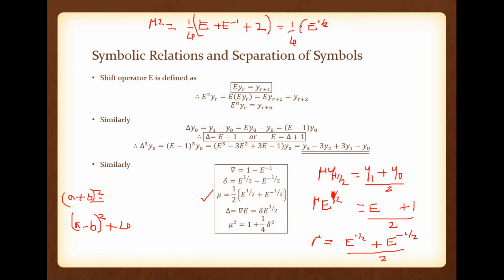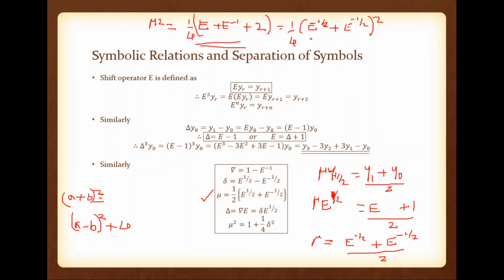Actually there is no need to expand this one. Mu square is equal to, we have to take 1 by 4 instead of 1 by 2, we have to square it, 1 by 4 into the remaining thing. We are writing as such. So e^(1/2) plus e^(-1/2) whole square.